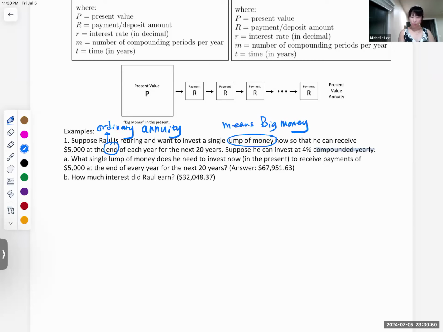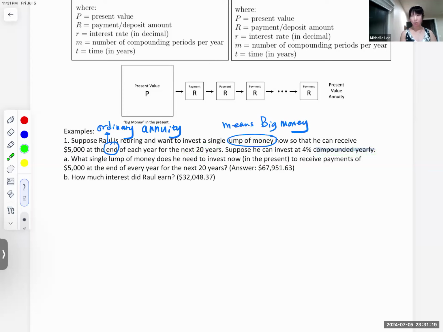Okay, let's do it. 5,000, that will be the payment. He receives the payment, right? And the 20 years will be the period because it's compounded yearly, not monthly. If monthly, then we have to times 12 months.